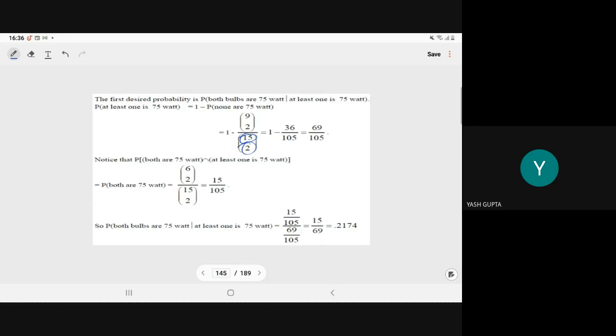So 4 of 40 watt and 5 of 60 watt, total 9 bulbs. From the 9 bulbs, we have selected 2, so it will become 9C2. Their ratio will denote the probability that none are of 75 watt. So 1 minus this ratio will give you the probability that at least one bulb is of 75 watt. So it will come to 69 upon 105.